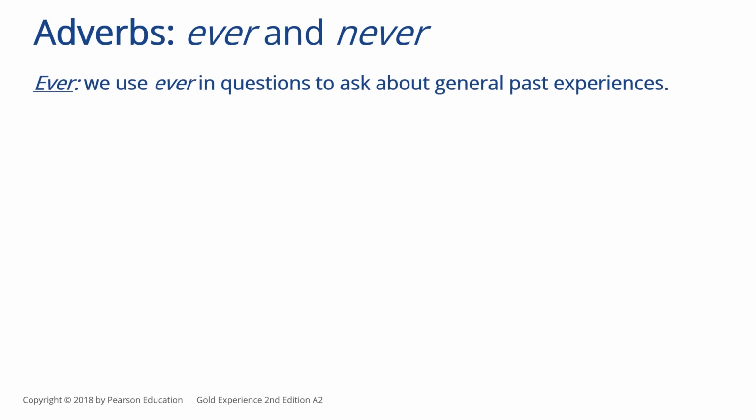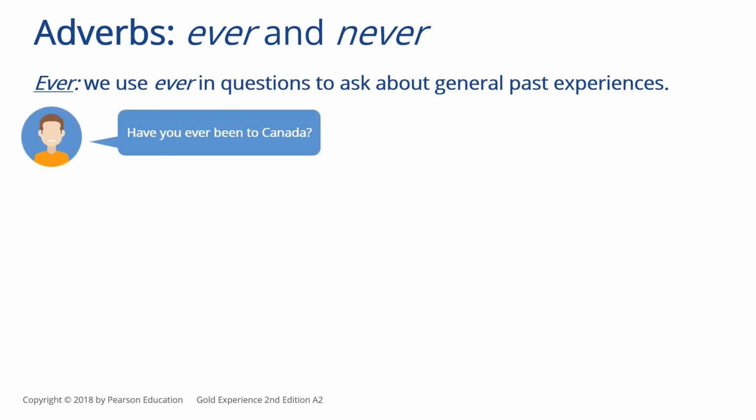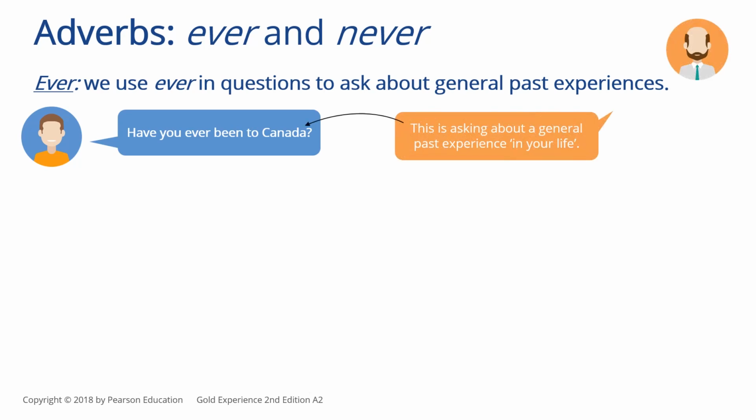We use ever in questions to ask about general past experiences. For example, have you ever been to Canada? This is asking about a general past experience in your life.